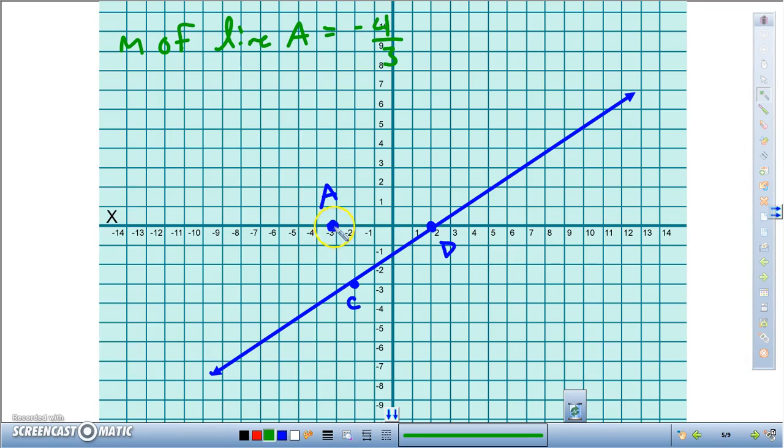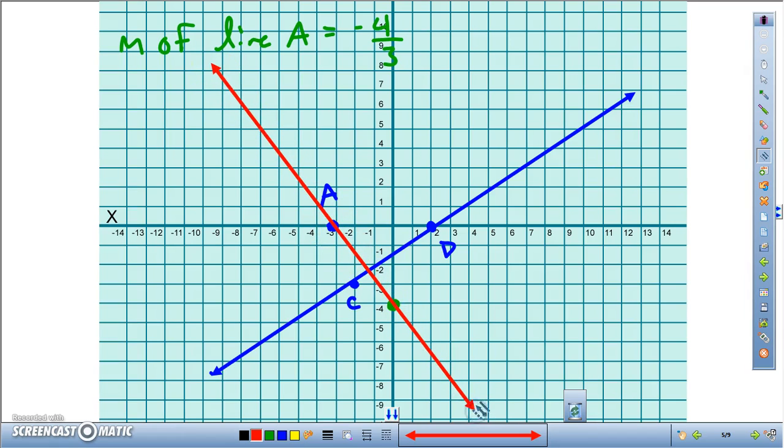So I'm going to start here, and I'm going to rise -4, or go down 1, 2, 3, 4. And then I'm going to run from this point a +3: 1, 2, 3. So I know that this point is also on the line. And now I take my straight edge and I draw a line through these 2 points.